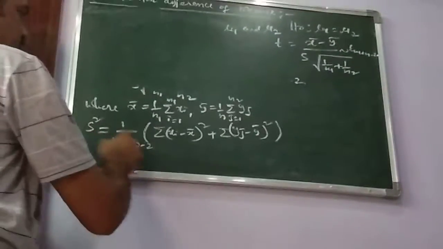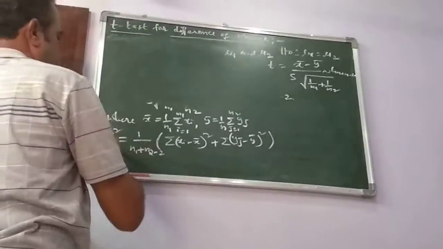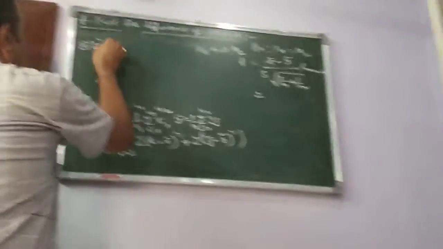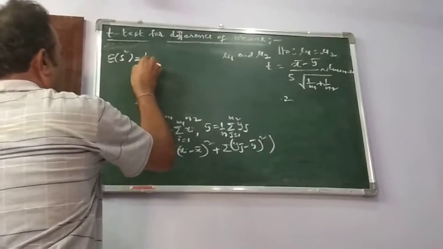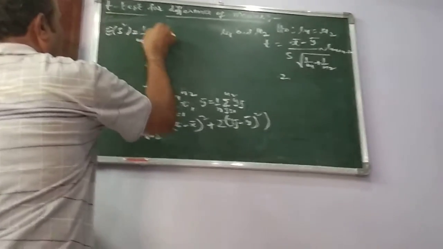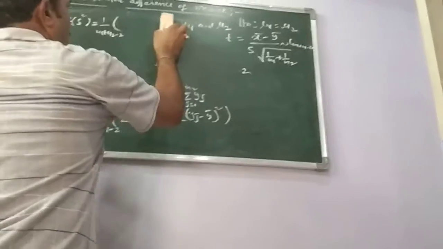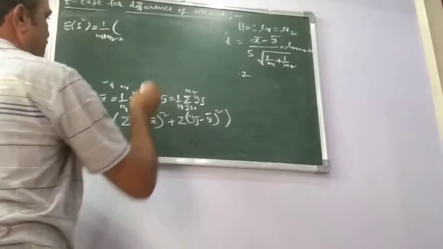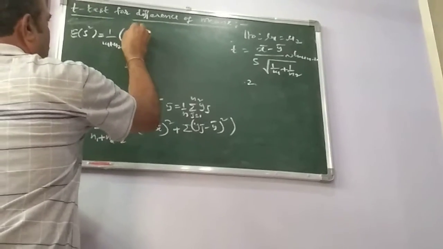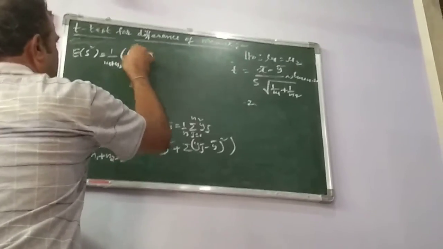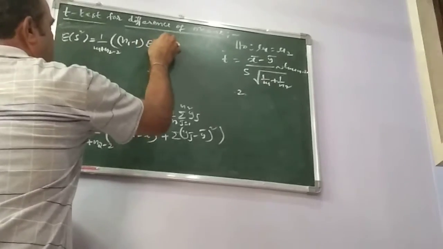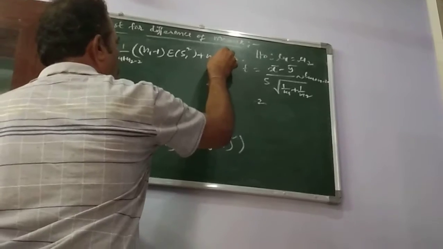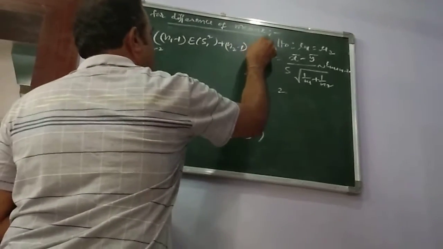Taking the expectation on both sides, the expectation of S square is equal to 1 by (n1 plus n2 minus 2) times the expectation of summation of (xi minus x bar) whole square plus summation of (yj minus y bar) whole square, which I will write as n1 minus 1 times expectation of s1 square plus n2 minus 1 times expectation of s2 square.